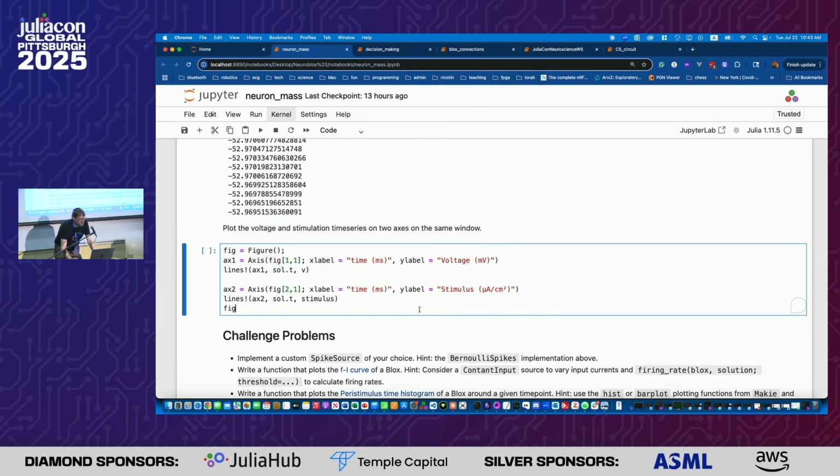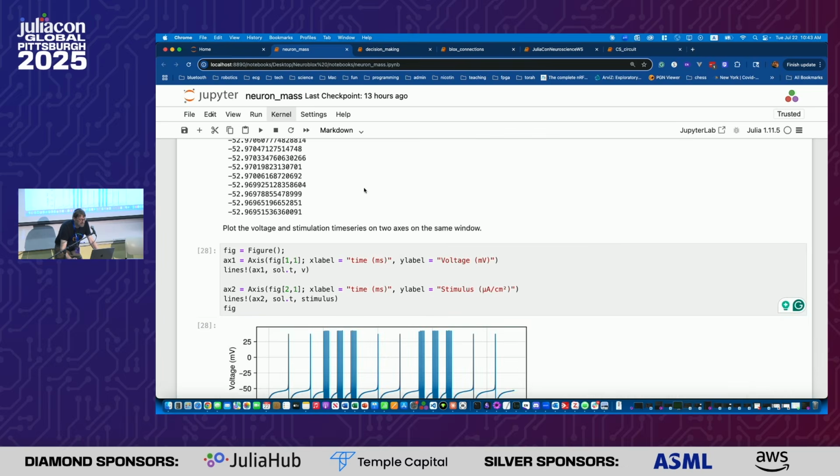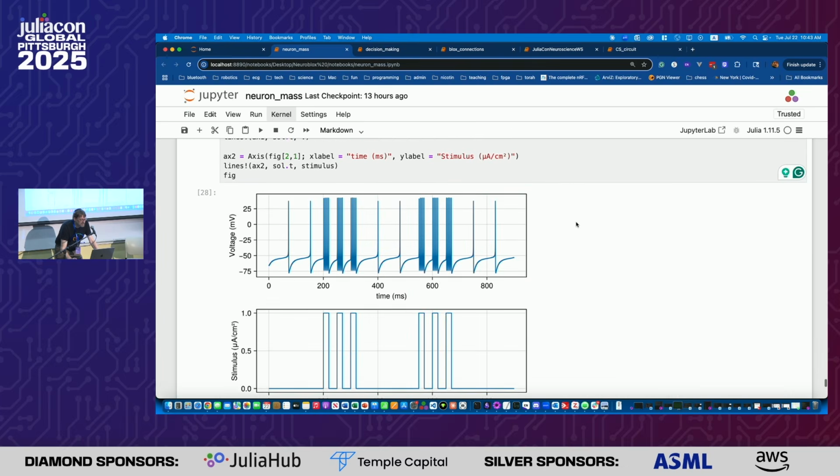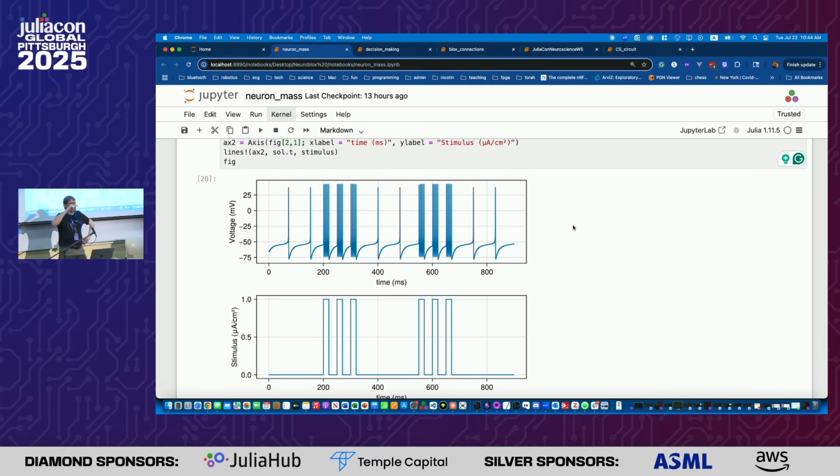Yes, and so this is the output. This is, by the way, the last graph. You can actually see that the Hodgkin-Huxley neuron was firing along at a normal rate, and then when it got the DBS input, it started really firing, right? So it increased its frequency during the time of the DBS pulse.